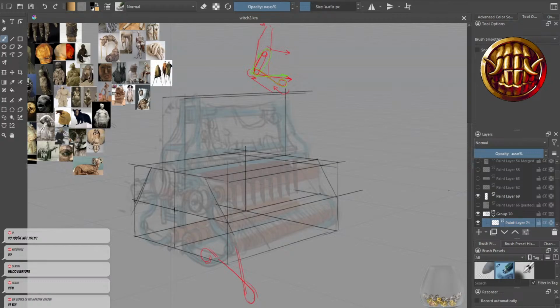I just found something. You might be wondering why the stream is called The Forbidden Tool. Well, it's because I think I have found the Forbidden Tool. I remember something I saw somebody using in Krita, and so I searched it up again, and it's very easy to use. And guess what it does?